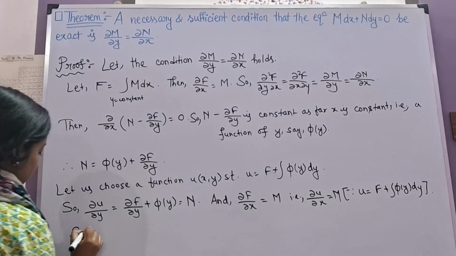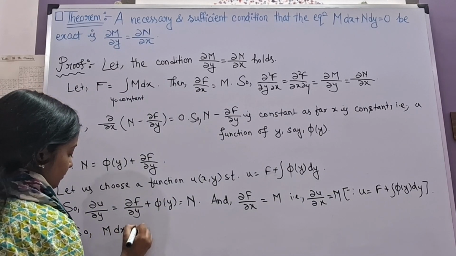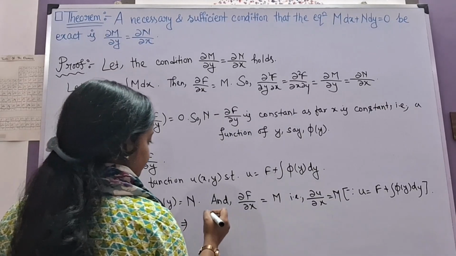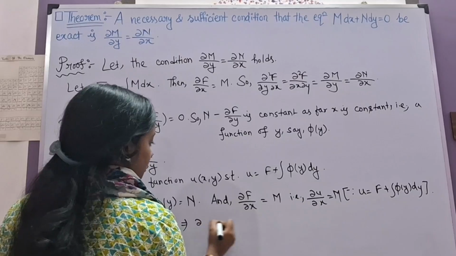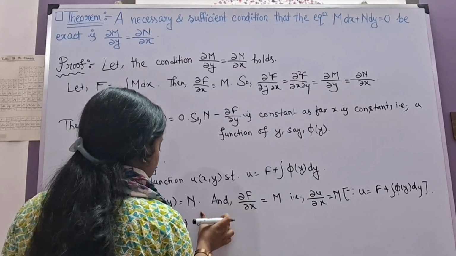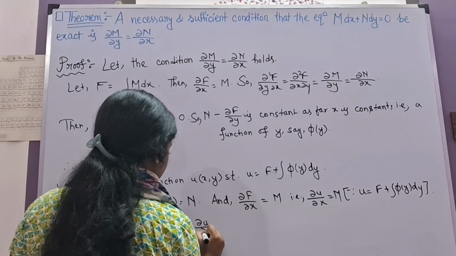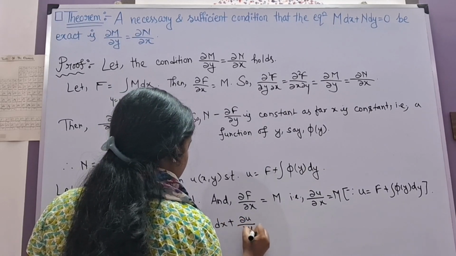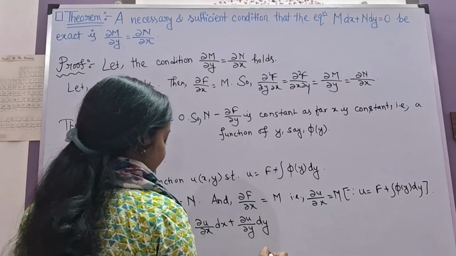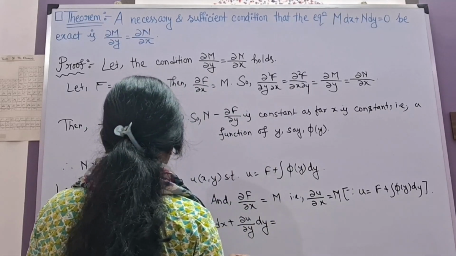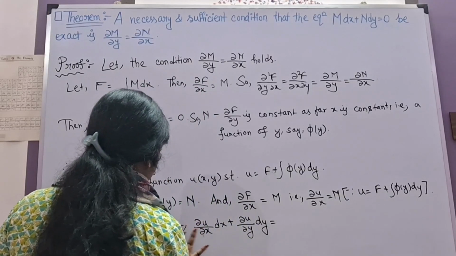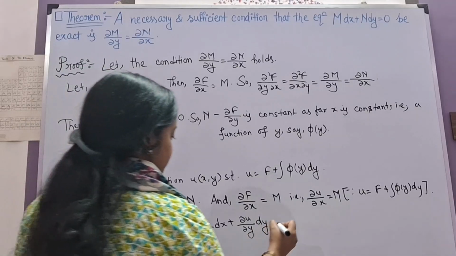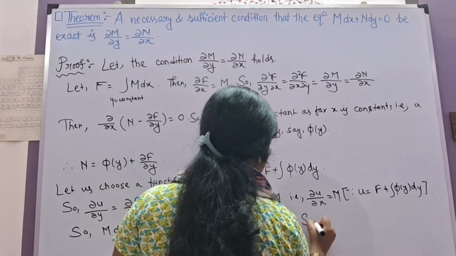So M dx plus N dy equal to 0 implies, instead of M and N we write, del u del x dx plus del u del y dy equal to du.